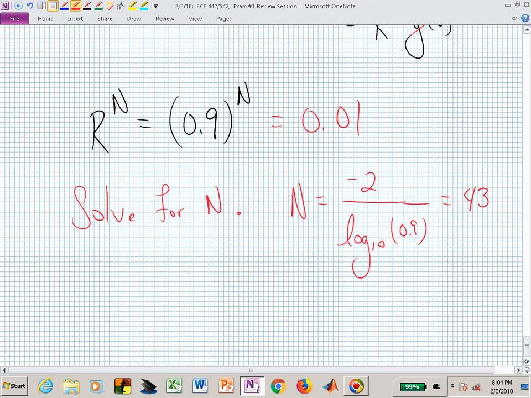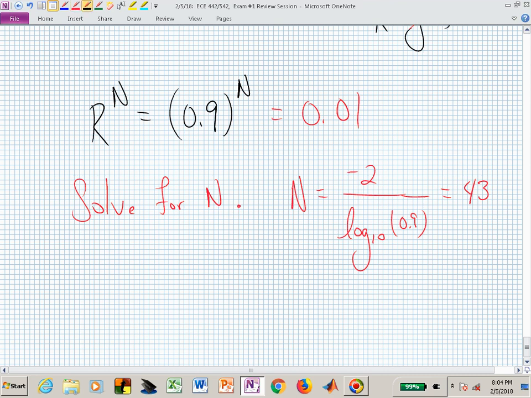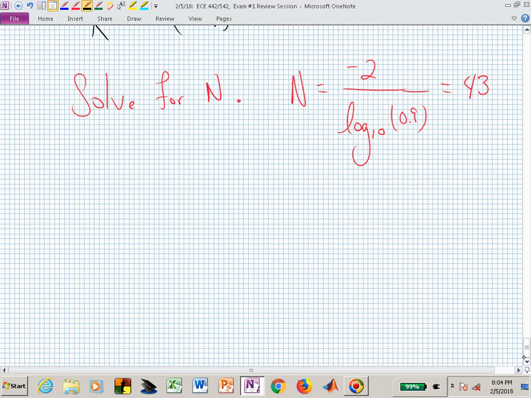I said that was one way. A second way to do the analysis for stability would be to z-transform that difference equation.